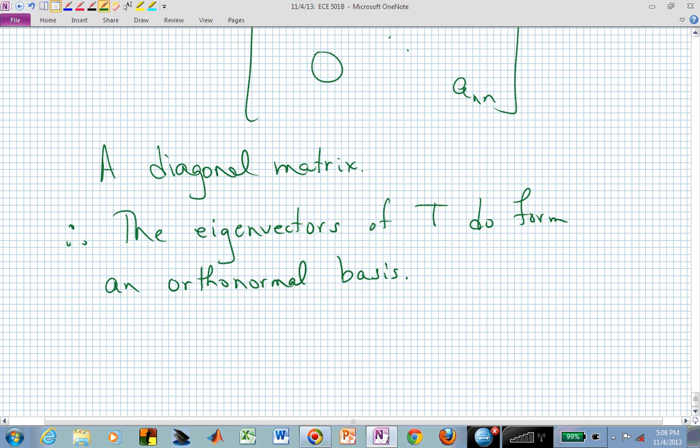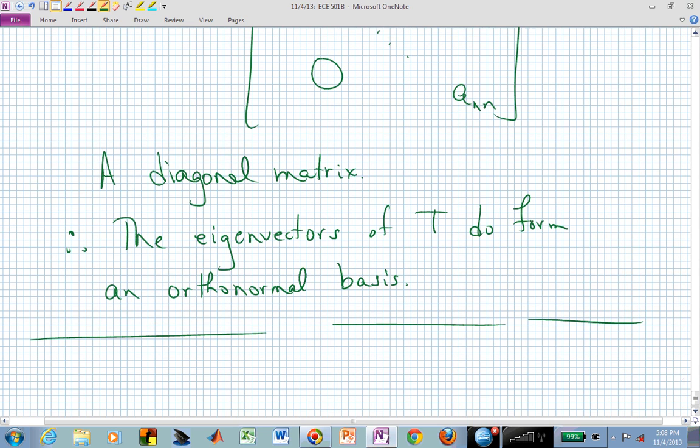Now what we want to do is see how far we can go if we have a real inner product space. But before we do that, we need some preliminary results. So that's going to take us through some more lemmas.